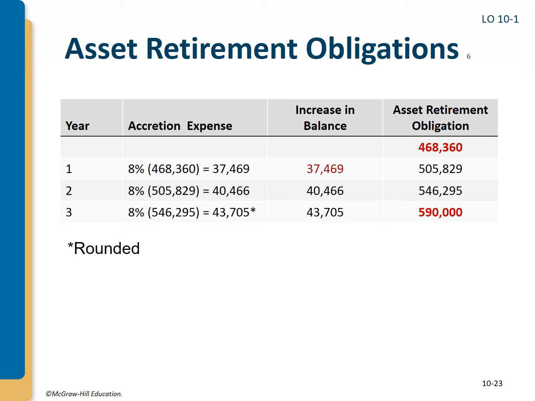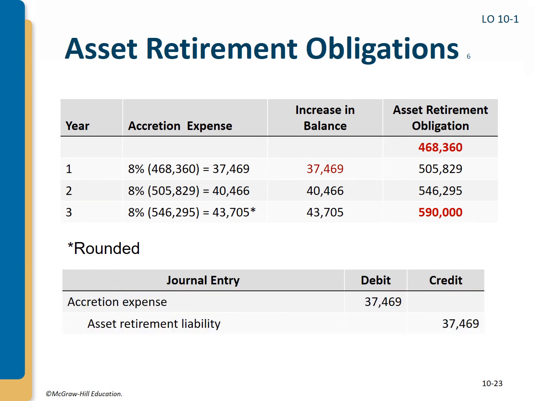Now, each year we will increase that liability for what we call accretion expense. We calculate that by taking the asset retirement obligation balance as of the beginning of that year times the interest rate of 8%. So at the end of year 1, you're going to debit accretion expense and credit asset retirement liability. That will increase the amount of your retirement obligation each year until it reaches its future value.